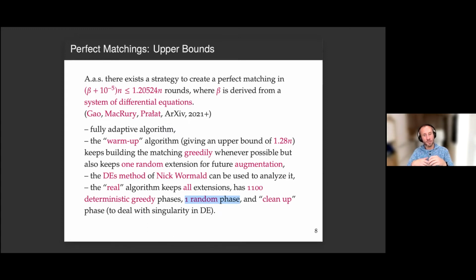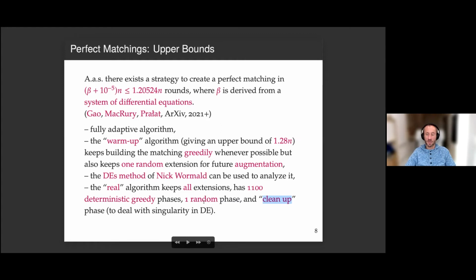So at some point there are some singularities in the differential equation. So you have to stop at some point where you have a really small number of unsaturated vertices, but still linear. And then you need to theoretically analyze that you can kill the rest. So this is what needs to be done to make this argument rigorous. But it's not that complicated and lots of fun.